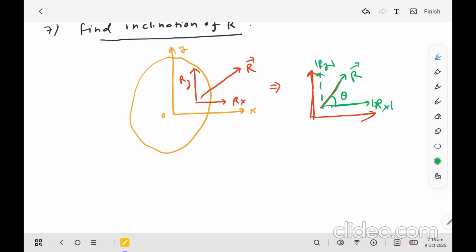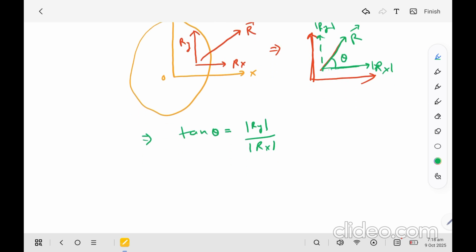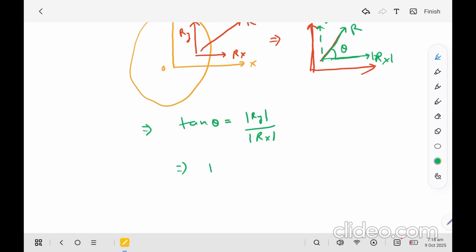Now I can find this angle theta. So tan theta equals Ry divided by Rx, or theta equals tan inverse of Ry divided by Rx.